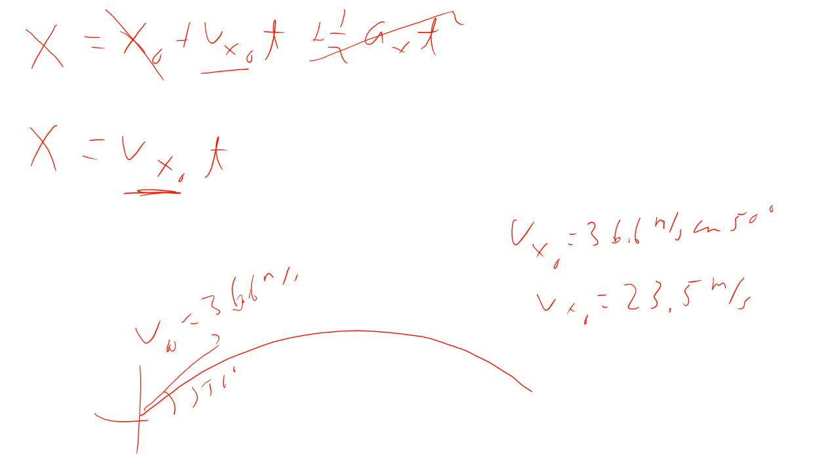Now, if we can find x, we can subtract the 110 meters where the fielder was originally standing in order to get d. But we have to find x, and this is not sufficient. So we have another equation, y equals y naught plus vy naught t plus 1/2 ay t squared.